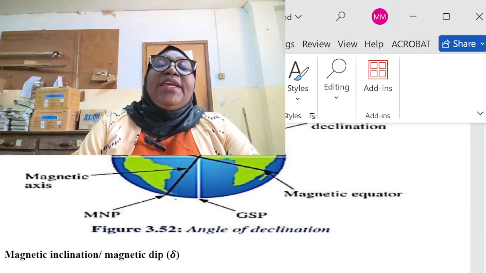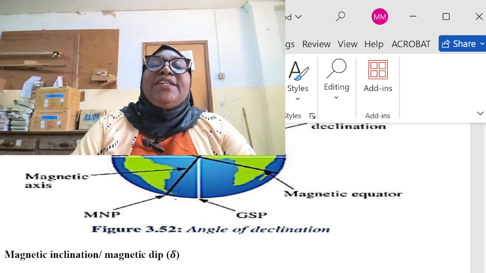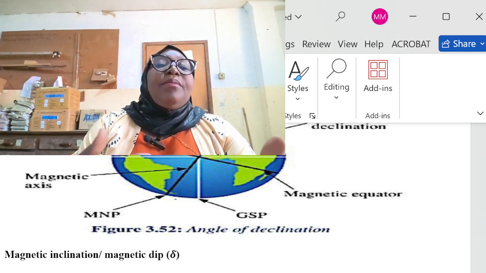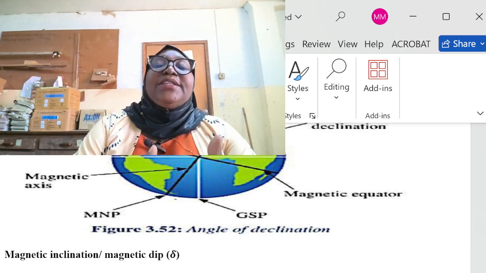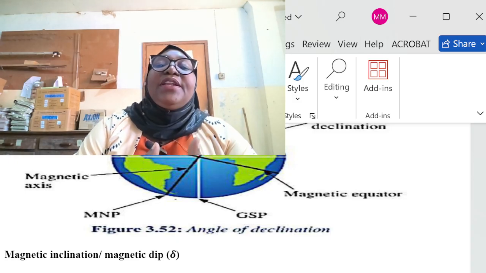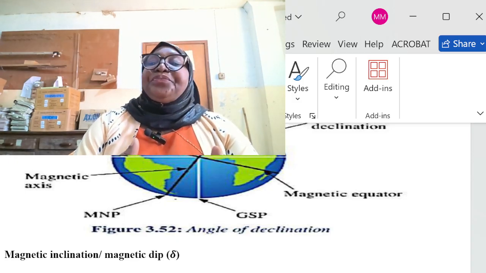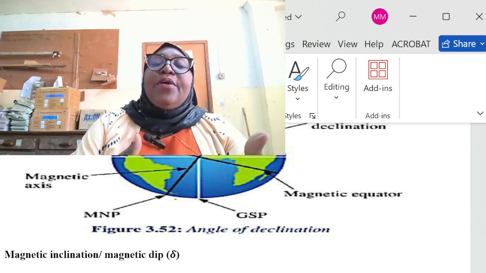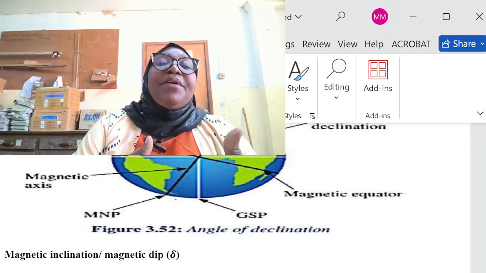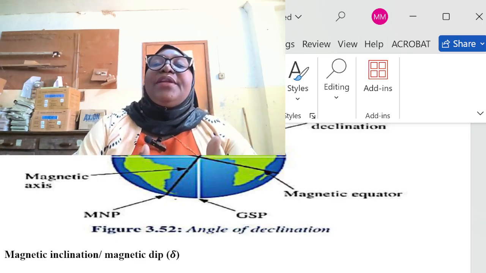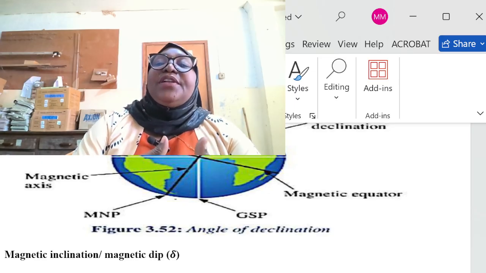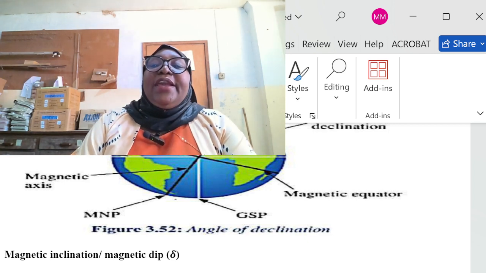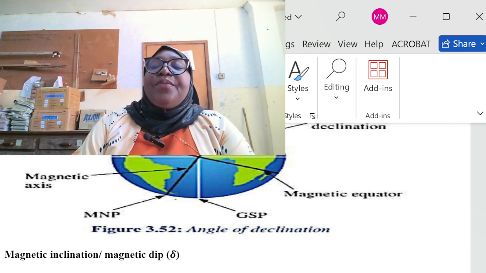Also, we have the magnetic inclination or magnetic dip. This is the angle made between the total magnetic field, the resultant magnetic field, and the horizontal line of the magnetic meridian. The angle between them is the magnetic inclination or angle of dip.